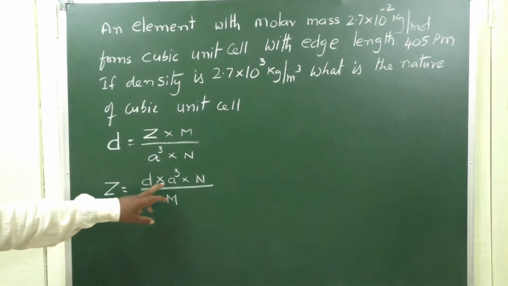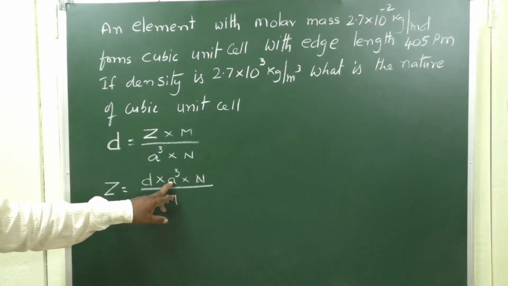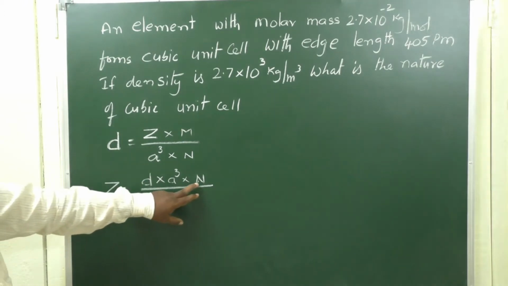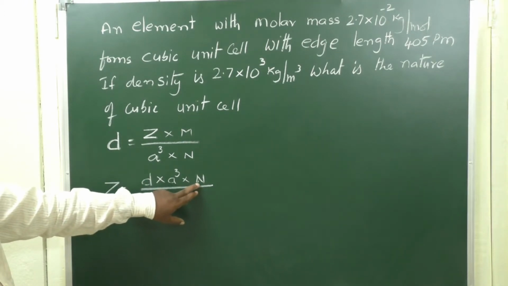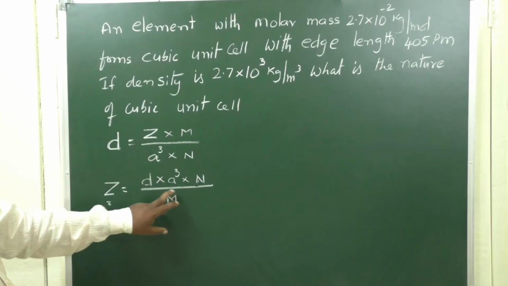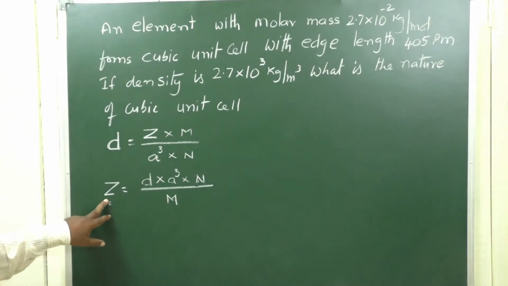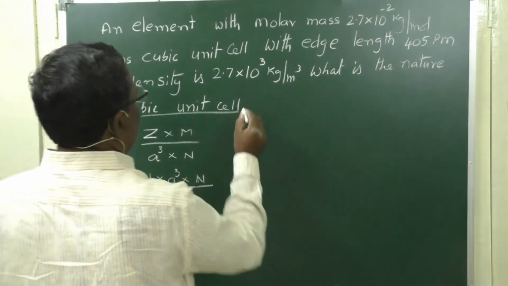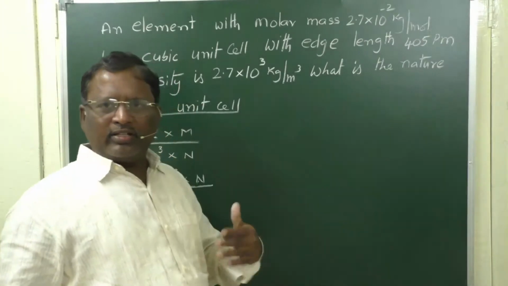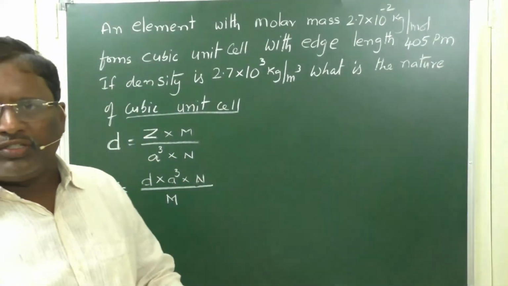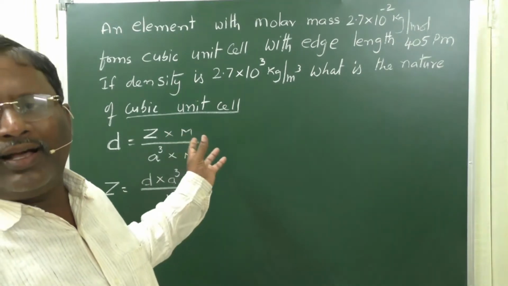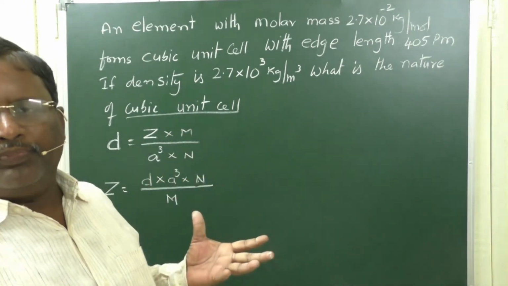A cube is the volume of the unit cell, D is the density, M is the molar mass and N is Avogadro number. With the help of these parameters, you can calculate the number of atoms. Here they are asking what type of unit cell it is. In previous problems they were telling us whether it is a simple cubic cell or FCC or body centered and so on. Now here they are asking what type.